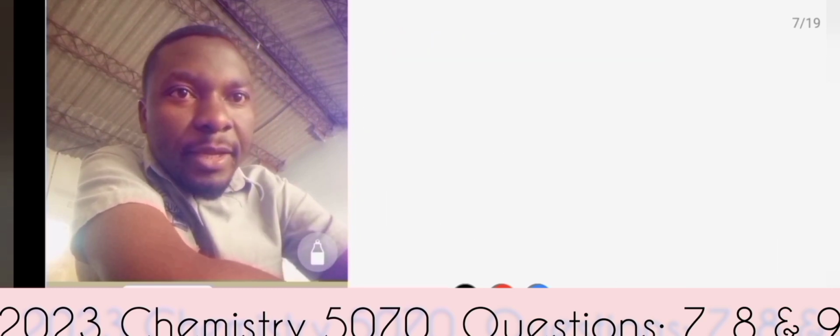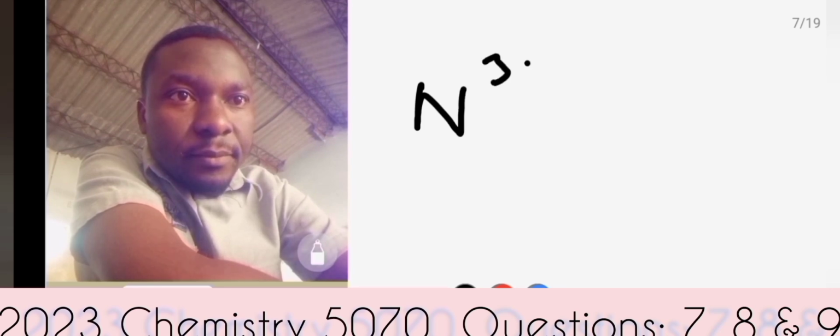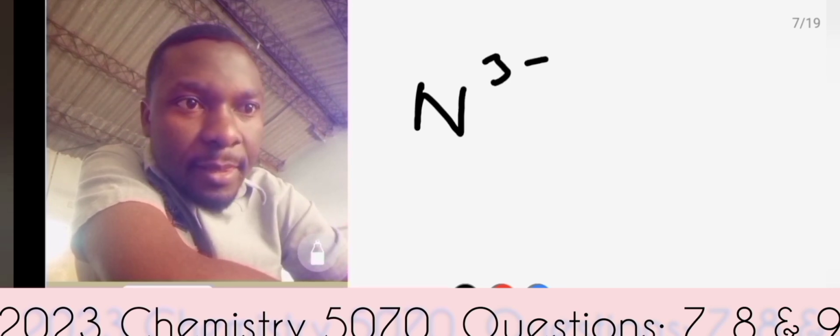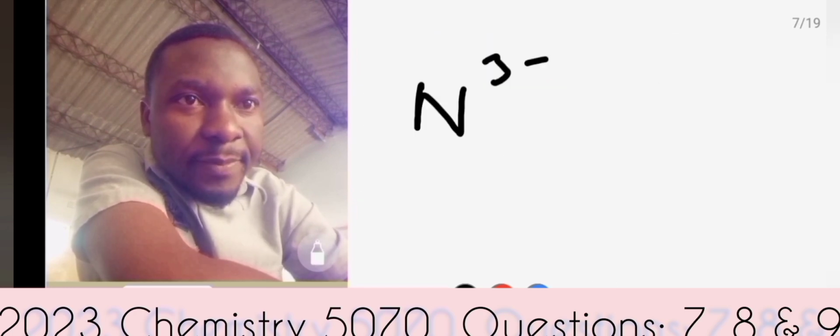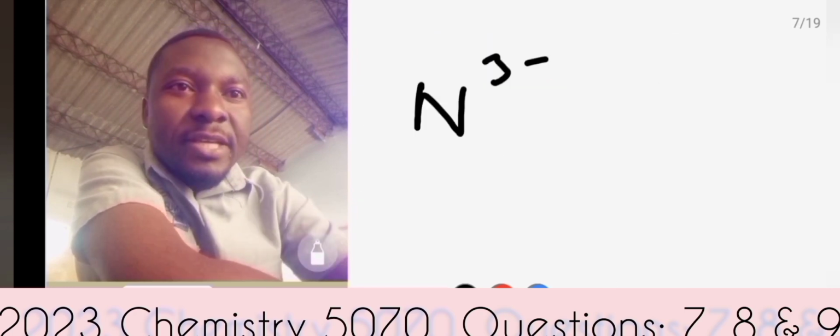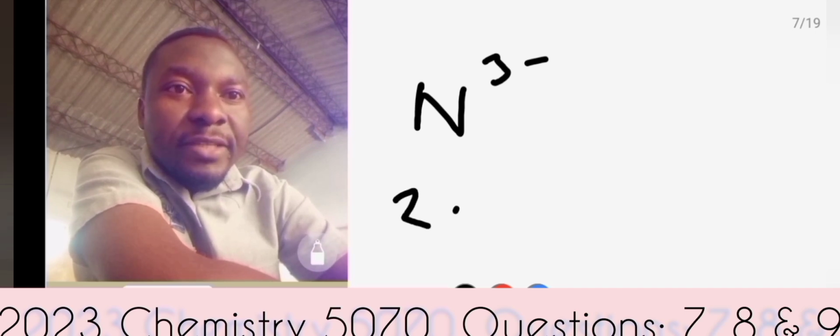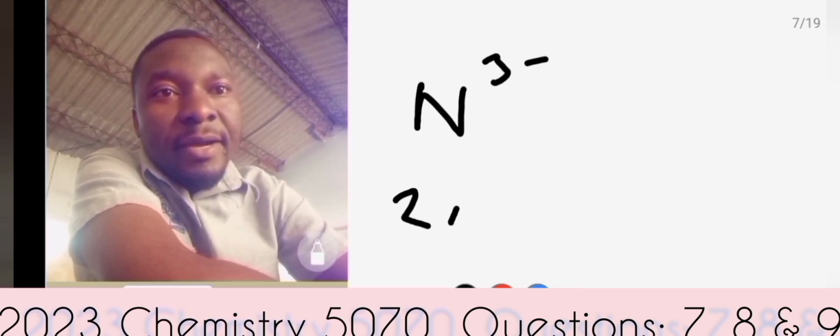What about the following? We have N with a negative charge, right? That's what we have there. So this means that it has gained 3 electrons. So according to the electron configuration, we have 2 in the first and we have 5 in the second.